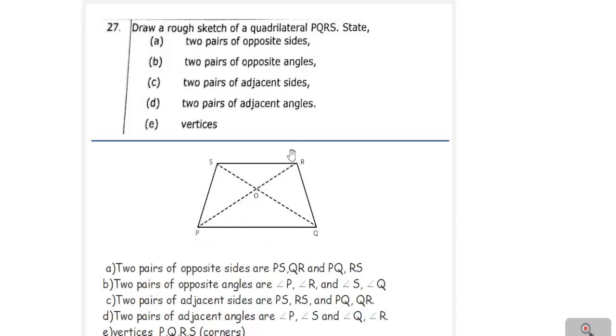Then 2 pairs of adjacent angles are P and S, and Q and R. This is the answer.